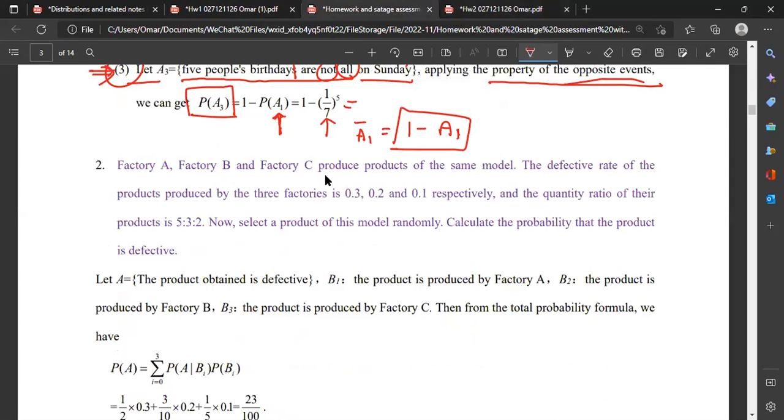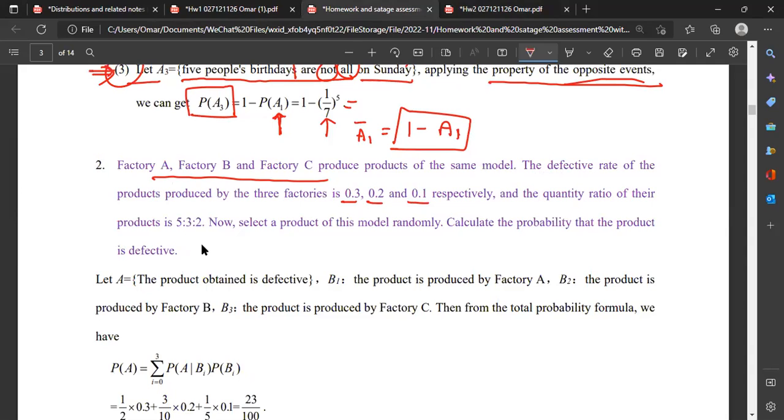Factories A, B, C produce products of the same model. The defective rate of the products produced by the 3 factories: defective rate of A is 0.3, B 0.2, and C 0.1. And the quantity ratio of their products is 5, 3, and 2.